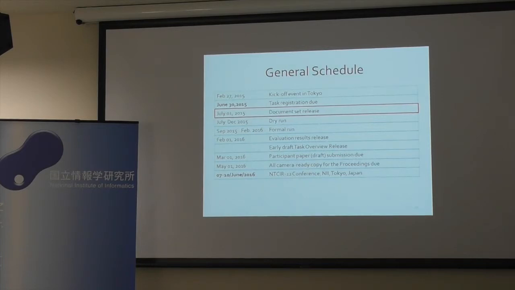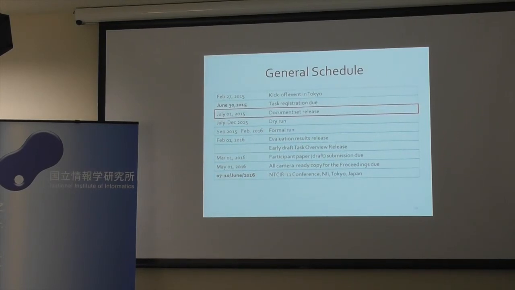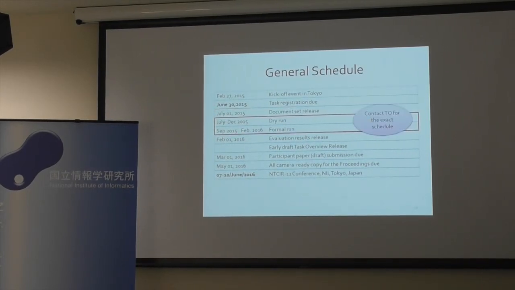And July 1, the document set will be released. Then dry run and formal run, but the exact schedule will be announced by each task organizer.